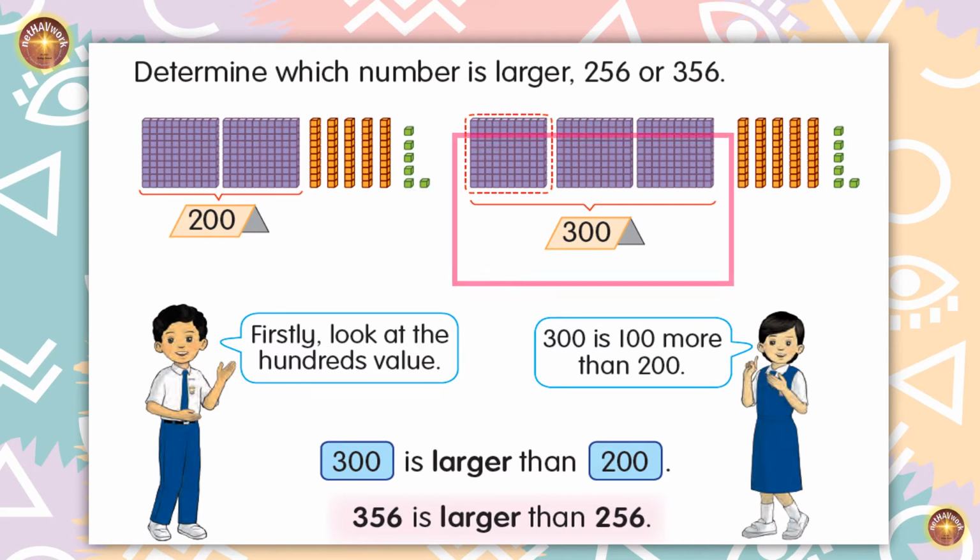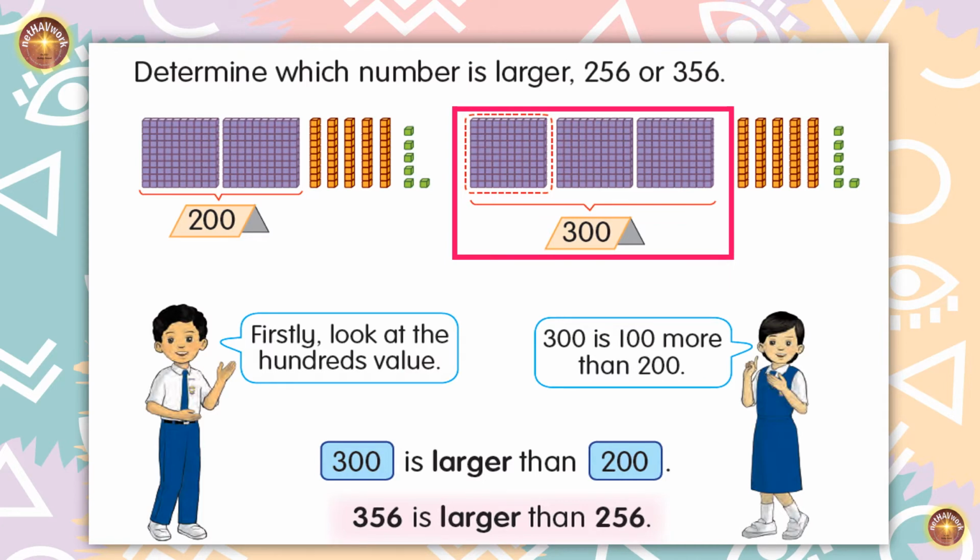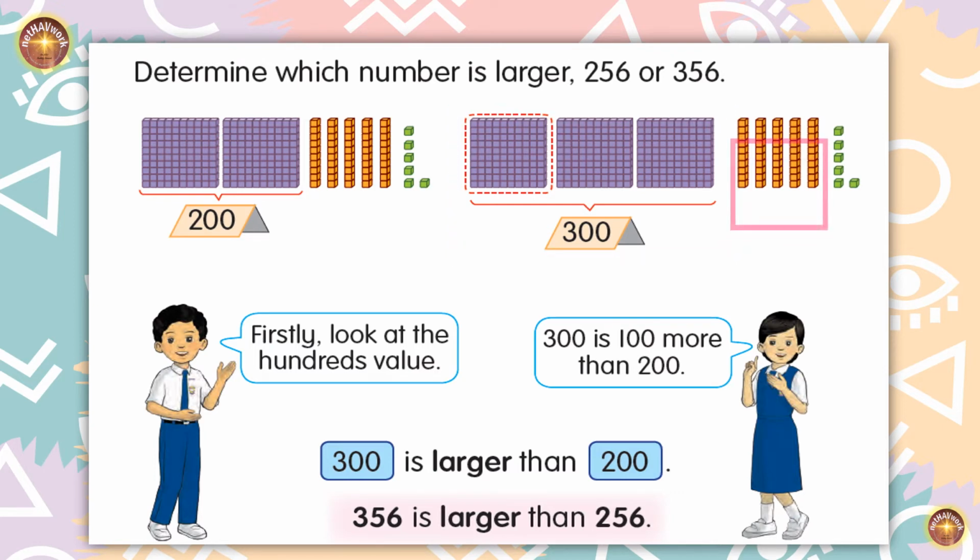Alright, let's look at 300 blocks. So we have 300. And 10 rows of blocks, we have 5 only. And 1 pieces of blocks, we have 6.